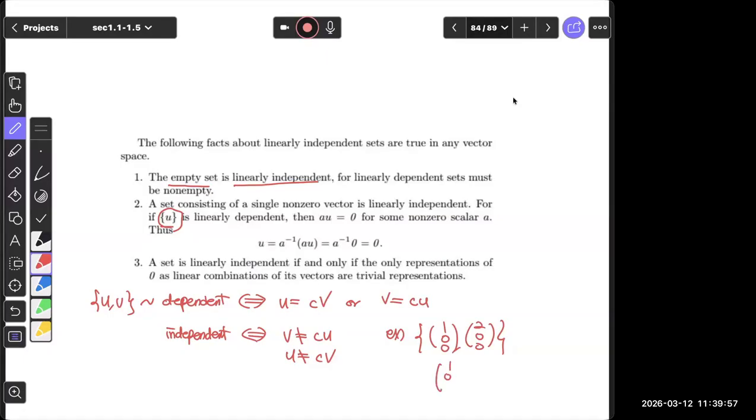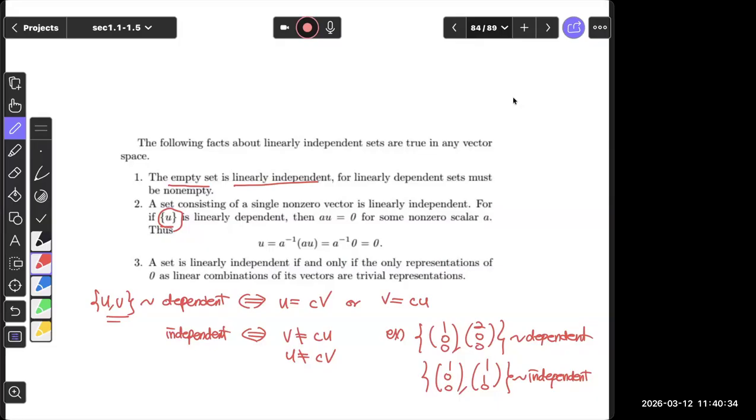But if I consider (1, 0, 0) and (1, 1, 0), this one is independent, because (1, 0, 0) is not a multiple of (1, 1, 0) and (1, 1, 0) is not a multiple of (1, 0, 0). So if you have two vectors, it is very simple. If one is a multiple of the other, then the set is dependent, otherwise independent.